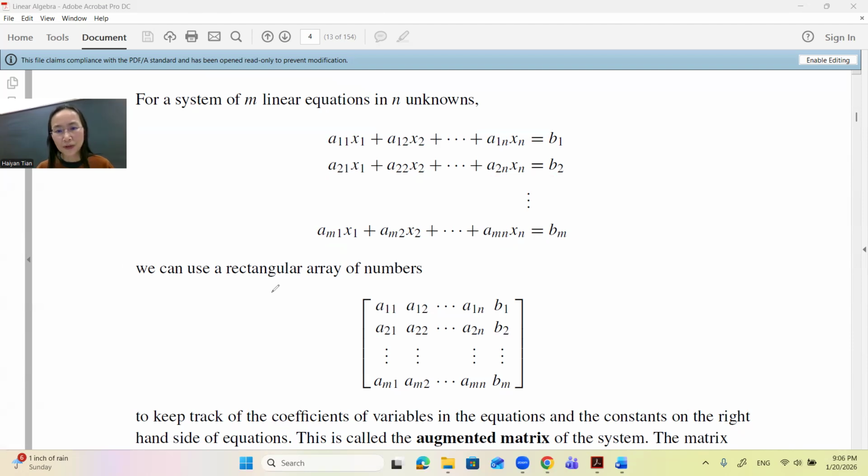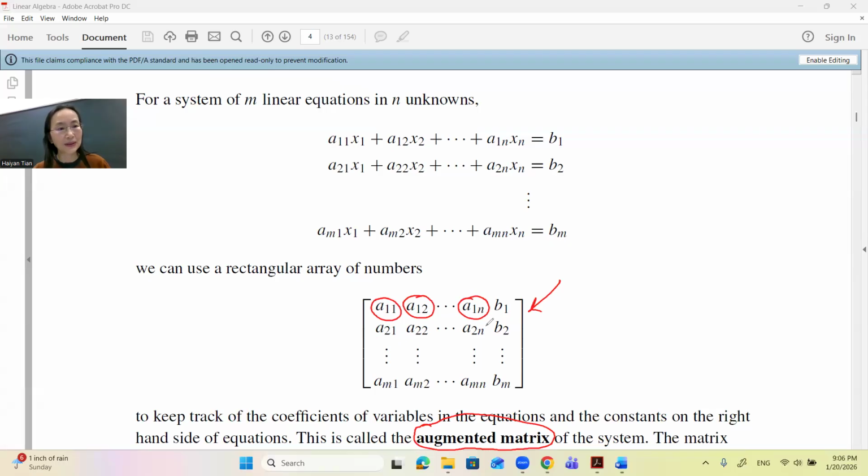So actually, if you have the augmented matrix of the system, you can tell the right-hand side of each equation and how many variables are in the system, because this is the coefficient of the first variable, coefficient of the second variable, coefficient of the nth variable.